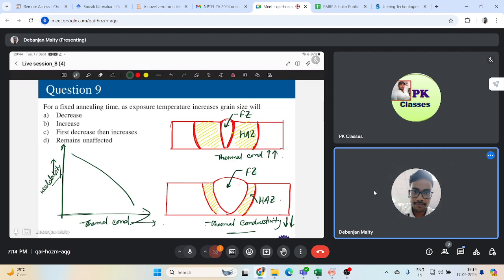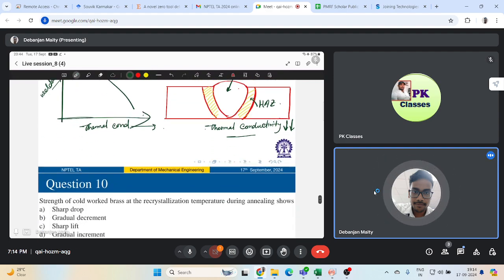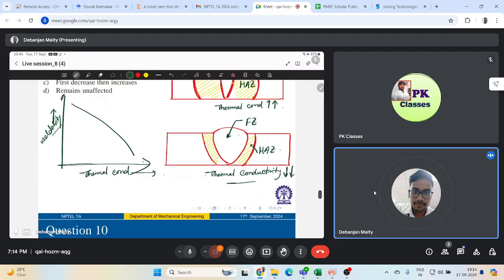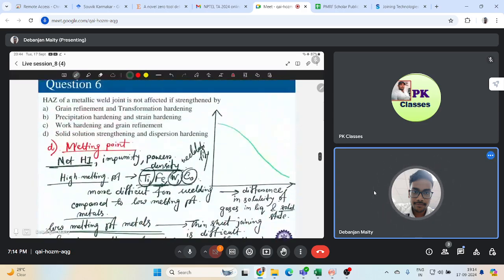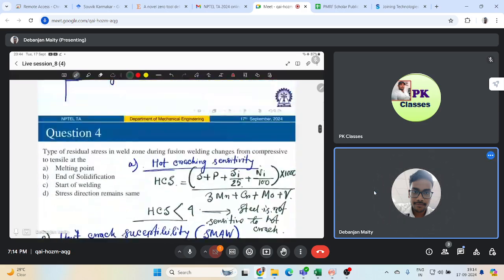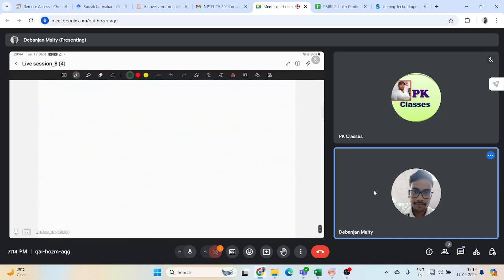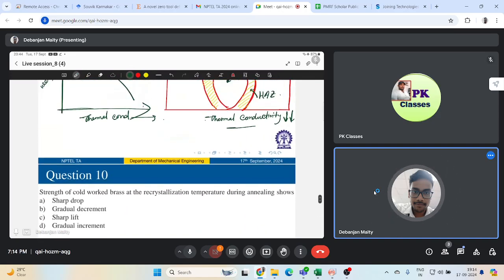Now, if that was the condition for thermal conductivity, now if you want to look at it in terms of thermal expansion, do I have any space? Yeah, we have space.